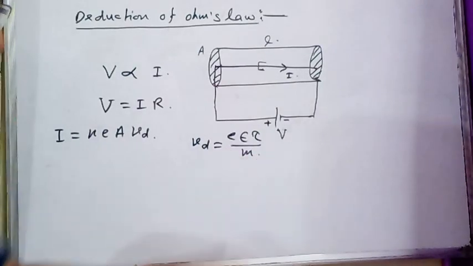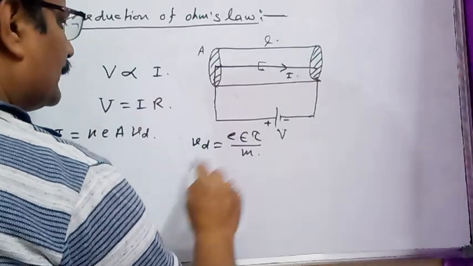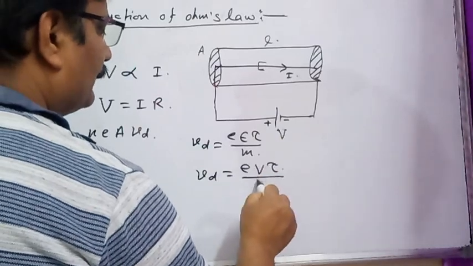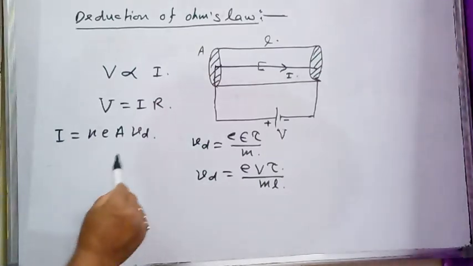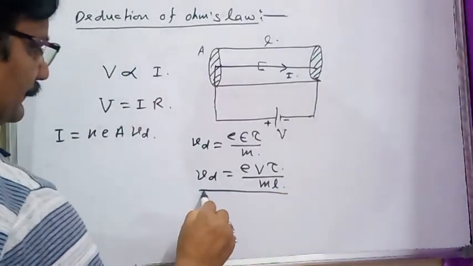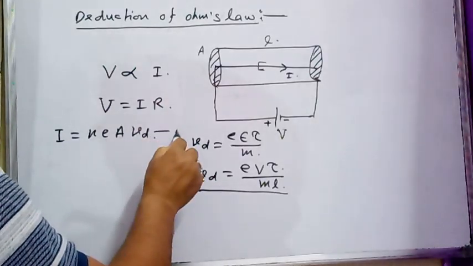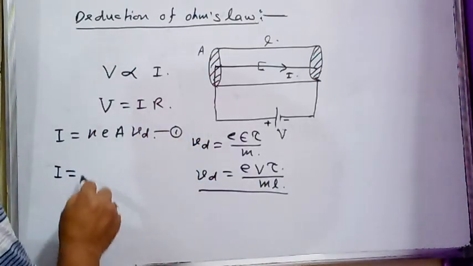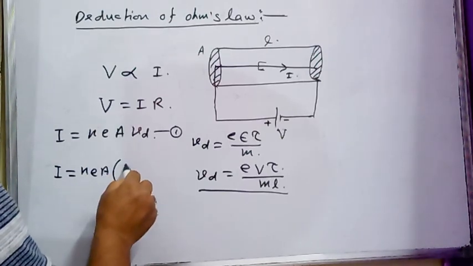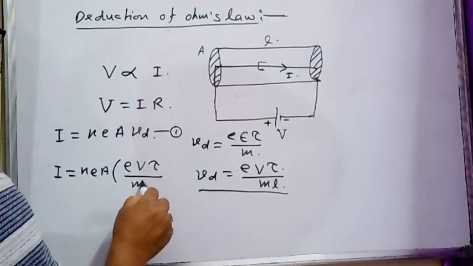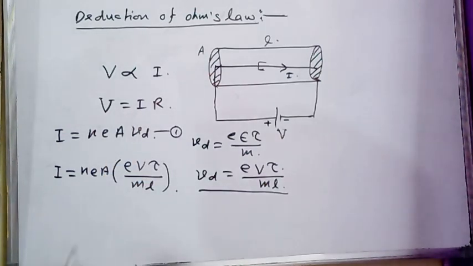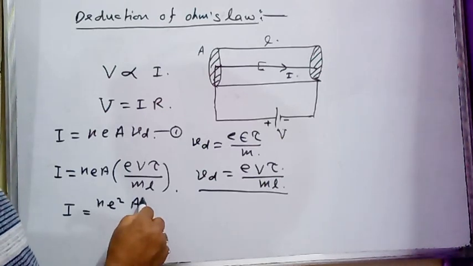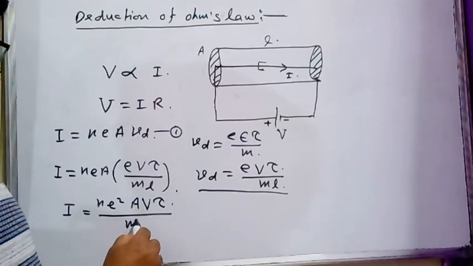In terms of potential difference between the ends of the conductor, drift velocity vd can be written as eV tau divided by m into L. Suppose we put the value of drift velocity from this relation in equation number 1, that is the relation between electric current and drift velocity, we get the current flowing through the conductor I equals nEA into eV tau divided by m into L. If you solve this relation, you will get current I is equal to n e square A V tau divided by m into L.